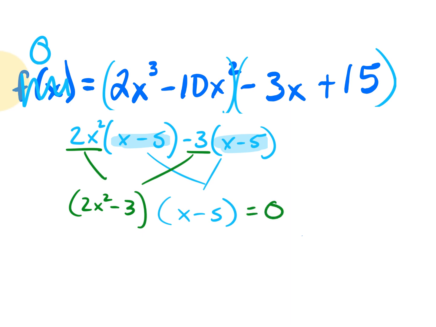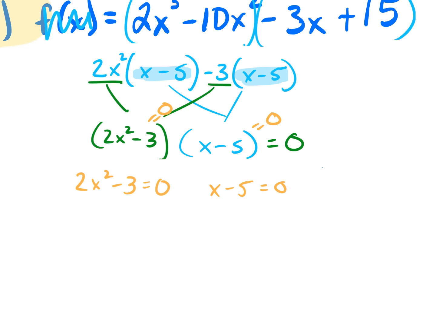Now this is still equal to 0. Once we factor it by grouping, we can set both of the factors equal to 0 and solve. So 2x squared minus 3 equals 0, and x minus 5 equals 0. So in the first one, I'm going to add 3.